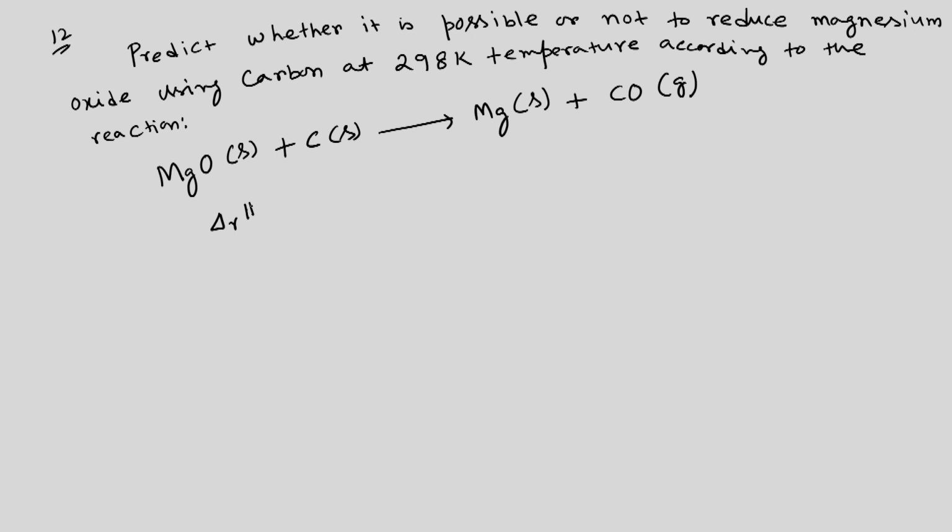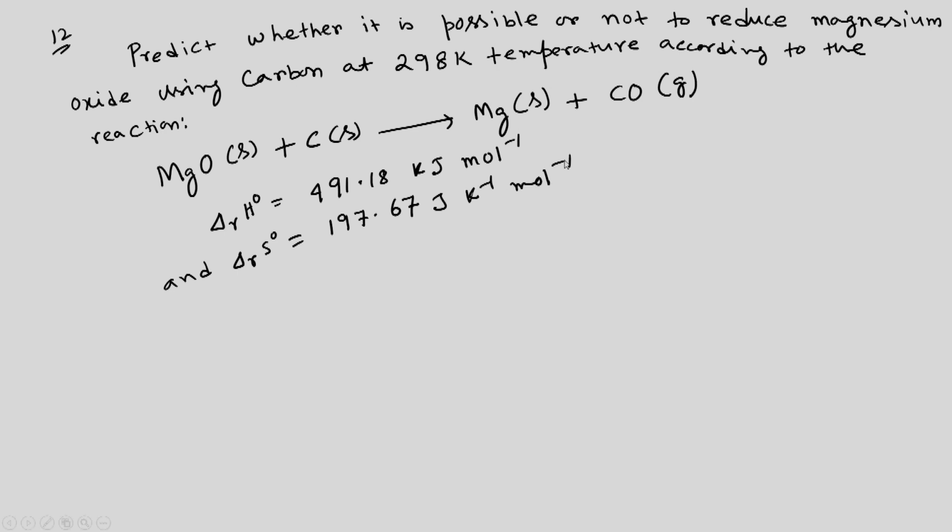Delta H naught R is 491.18 kilojoule per mole and delta S naught R is 197.67 joule per Kelvin per mole.